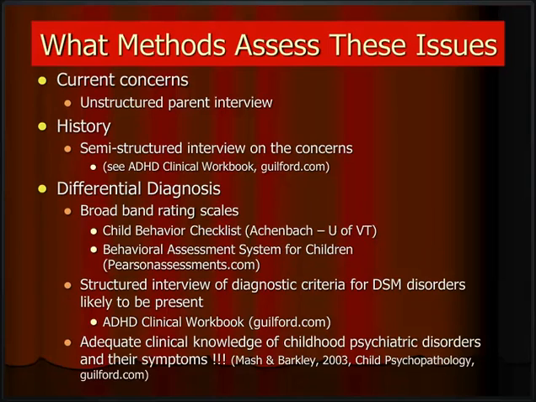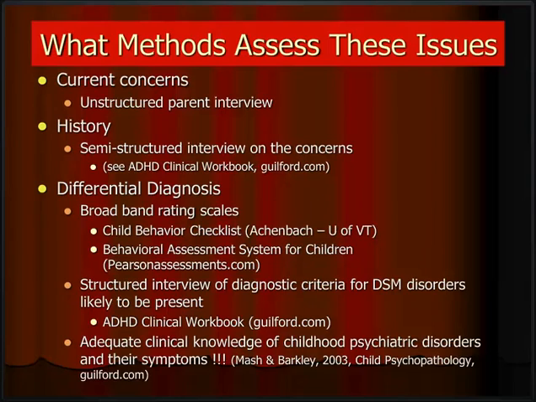For one such version of a structured interview, refer to my ADHD clinical workbook, where you will see an interview that we created that contains the DSM criteria for those disorders likely to be present along with ADHD in most clinical cases, such as oppositional defiant and conduct disorder.